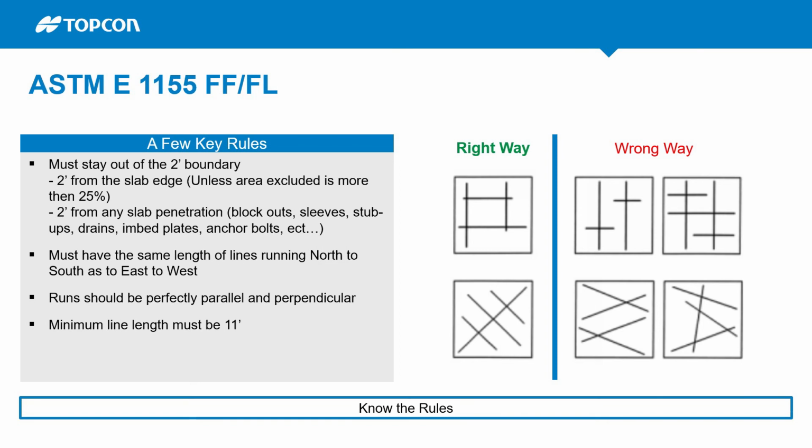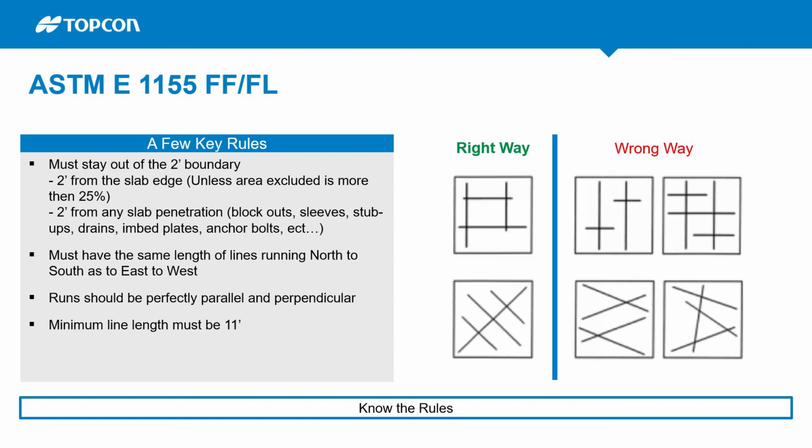So you don't want to take any readings near those slab drains, because the way FFFL works, it's all based off of elevation change. So that's why the rules clearly state to stay 2 feet away from any slab penetration.